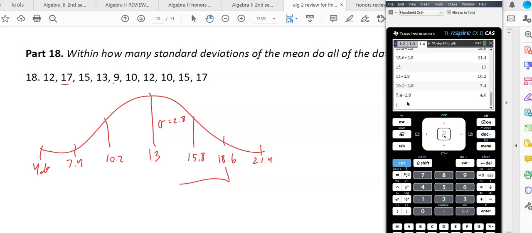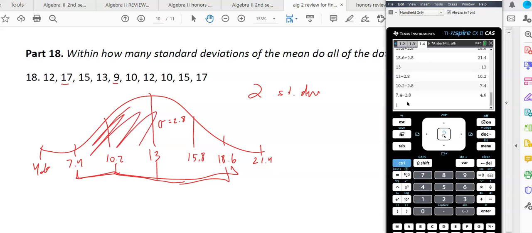Smallest number looks to be 9, which is inside of 2 standard deviations, actually. So everything is within 2 standard deviations. 9 is right about there, 17 right about there. So everything's within 2.